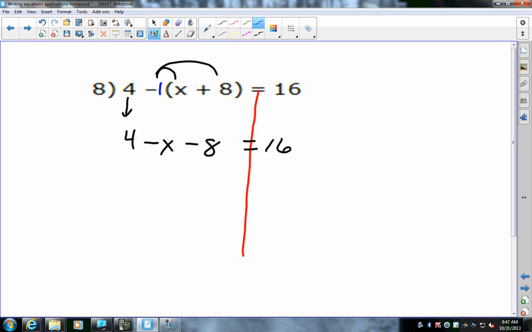Now we have to combine like terms. 4 minus 8. So I have negative x minus 4 equals 16. Now from here, I add 4 to each side.